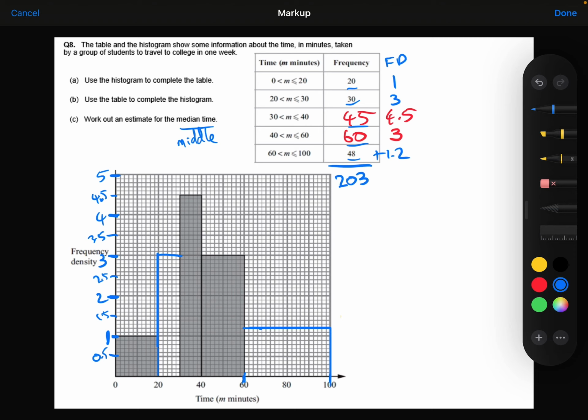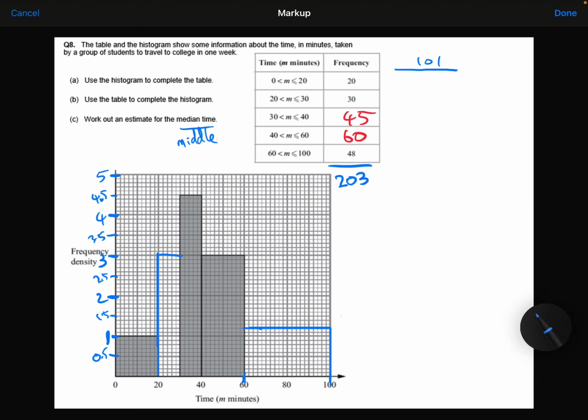So I'm looking for the middle person when there's 203 people in total. Now, if you imagine having 203 people stood in a line, you'd have 101 people here, 101 people here, and you'd have the person that stood in the middle.